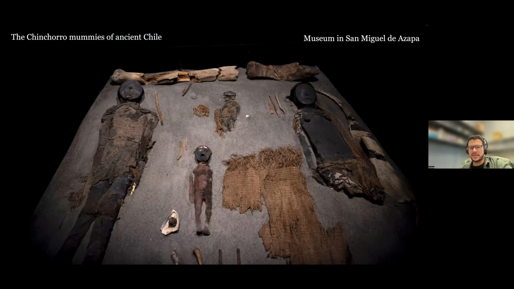These predate Egyptian mummies by up to 2000 years. So these are really fascinating samples derived from ancient Chile. And again, what we're detecting is potentially high levels of this pathogen C. tetani in these samples.